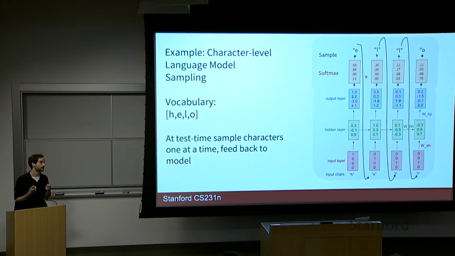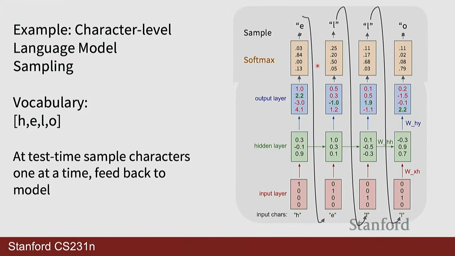In practice, what people do is they don't do this, which is called greedy decoding, where you're always picking the maximum probability. In practice, they sample based on the distribution given by the probabilities output by your softmax. So you won't pick the max probability, you would pick, say in this case, probability 0.84 for this one, or probability 0.13 for this other output variable, and then you would run that for each sequence.